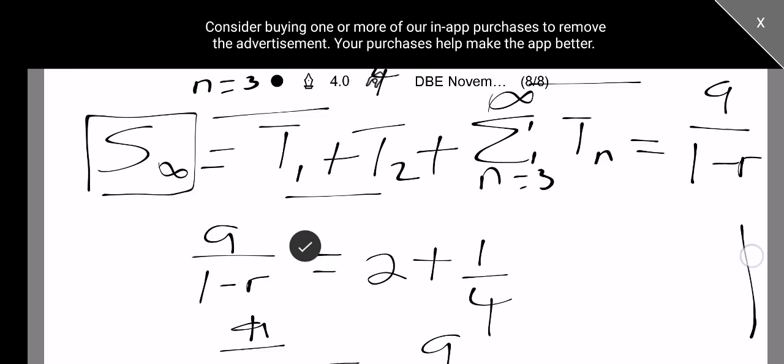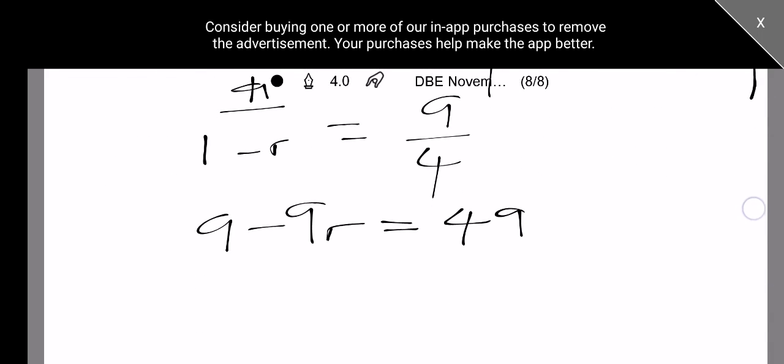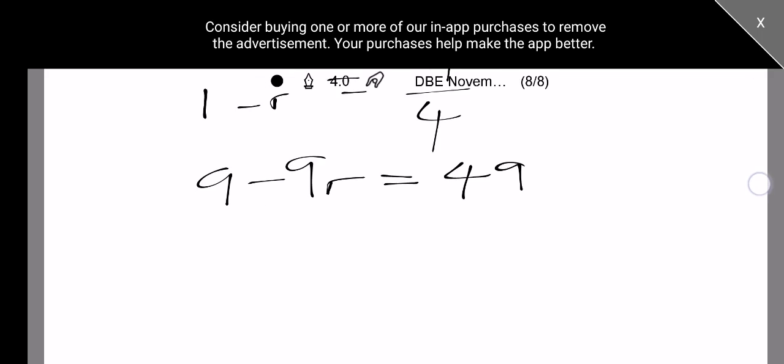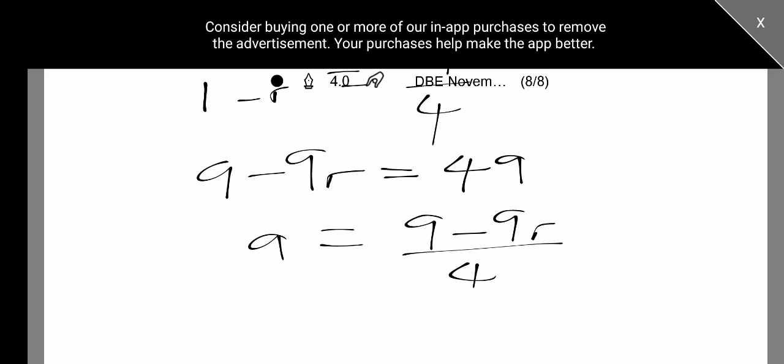This was supposed to be a. Yes, it is a there. Equals 4a. So let's make a the subject of the formula and divide by 4 on both sides: a equals 9 minus 9r over 4.